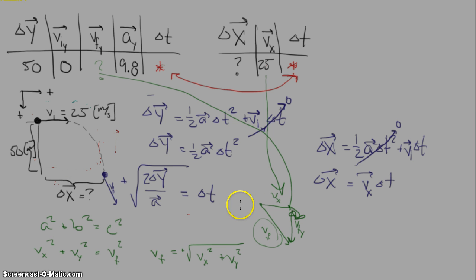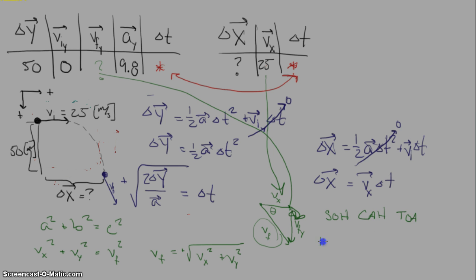If I really wanted the velocity, the other piece I would have to find is this angle. And to find an angle given sides of a triangle, you would have to use trig again. You could use sine, or you could use cosine, or you could use tangent.